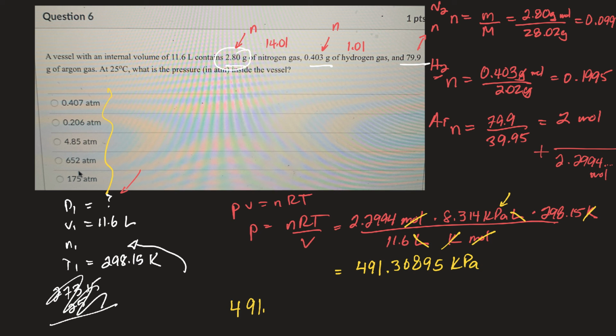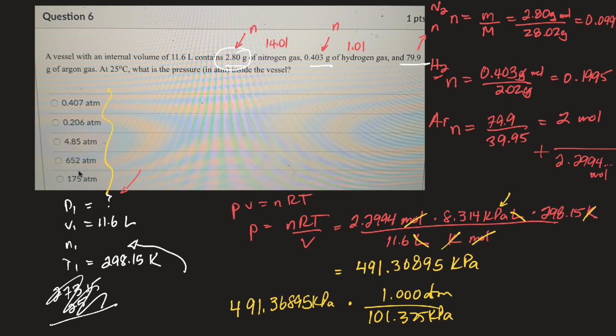So 491.36895 kilopascals times, there's 101.325 kilopascals in 1 atmosphere. So I have to take that number that I just got and divide it by 101.